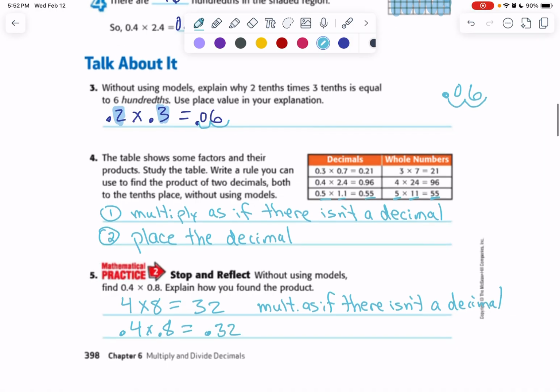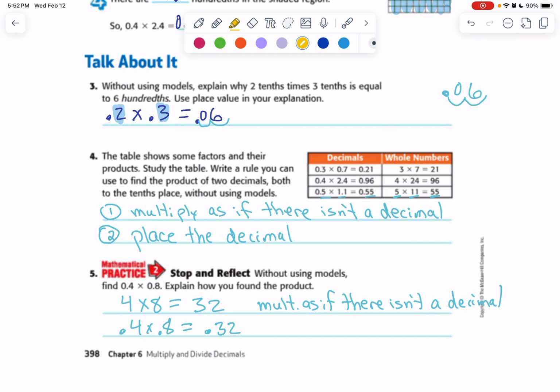How do we know that? We know because there are 2 digits to the right of the decimal. So there should be 2 digits to the right of the decimal in our product as well. Okay? All right, so step 2, place the decimal.